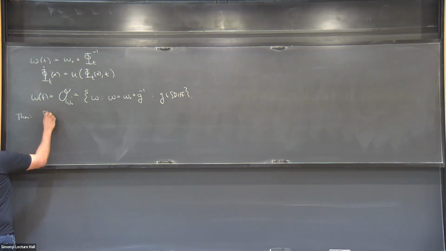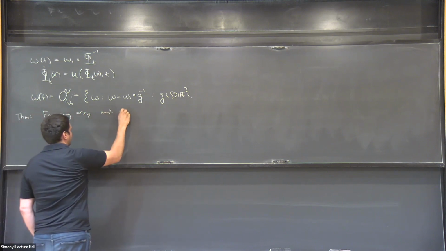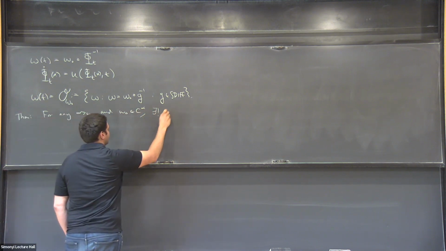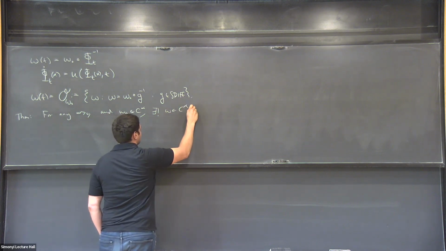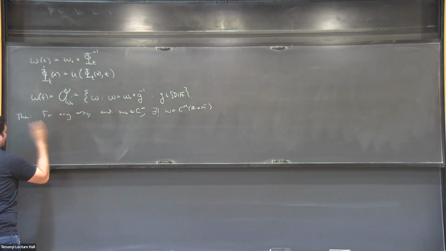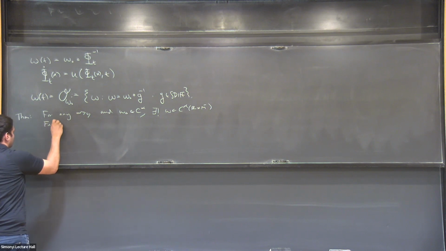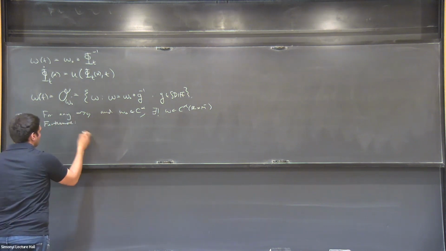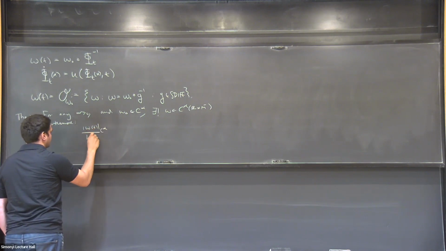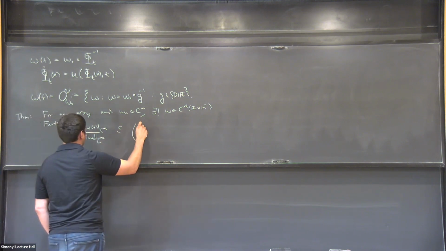So for any alpha bigger than 0 and omega 0 in C alpha, there exists a unique omega in C alpha spacetime, which is a solution of the Euler equation. Okay, furthermore, we can bound the C alpha norm by its initial data.